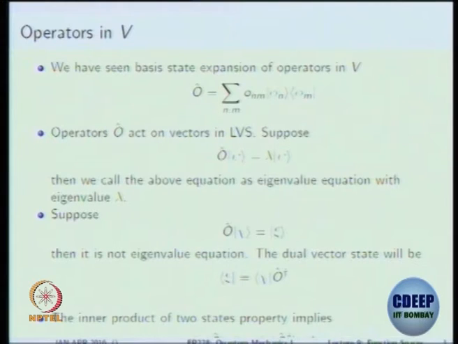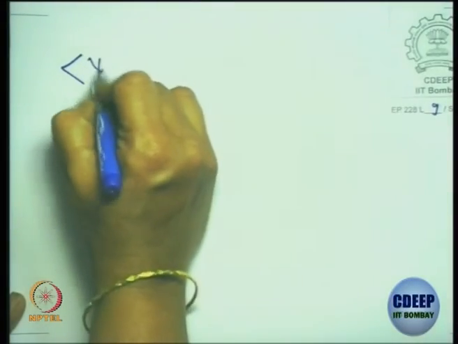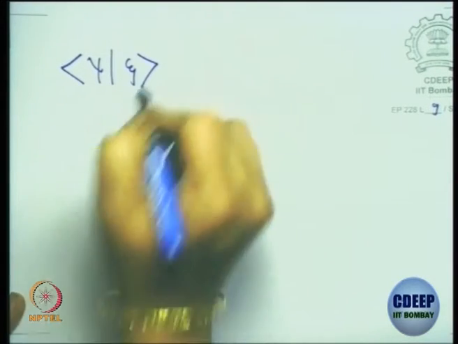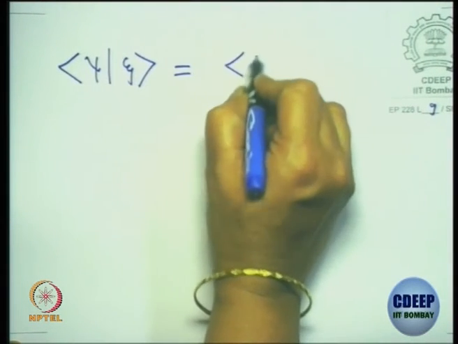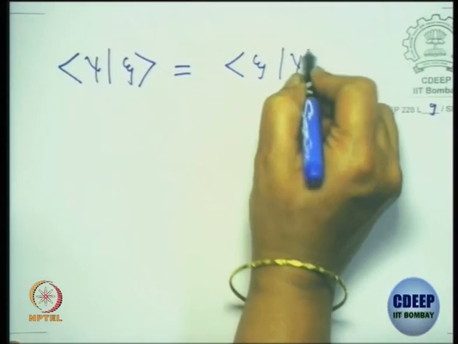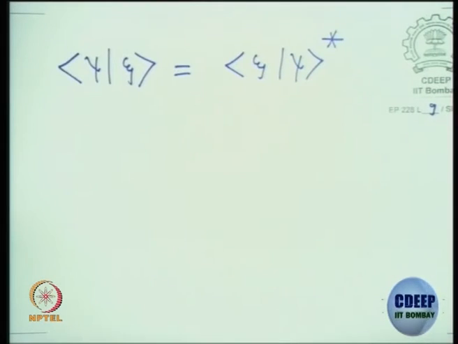So the inner product of these two states, what is the property of the inner product? If you had a chi and a xi, is that right? Okay.